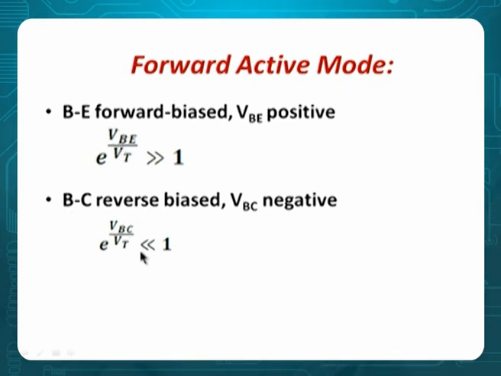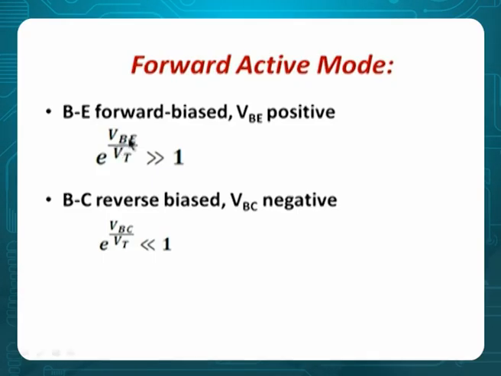We can easily understand the exponential, and please don't forget that VT is 26 millivolts. When this goes up, it will become very high, but with a negative sign it becomes very small. Therefore, this is far less than 1, and this is far greater than 1. This is called forward active mode. If you substitute these two conditions in the above equations, you can get results like this.